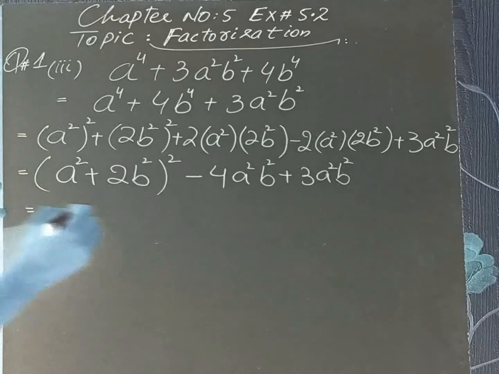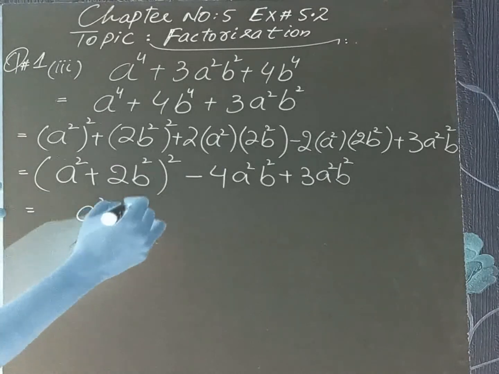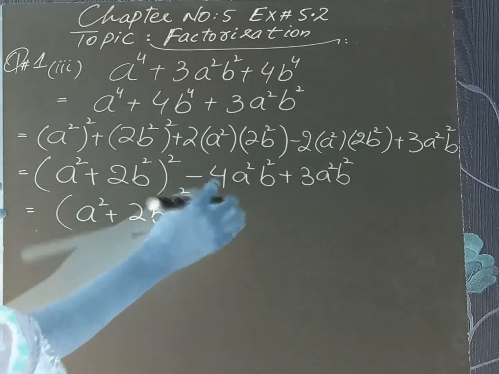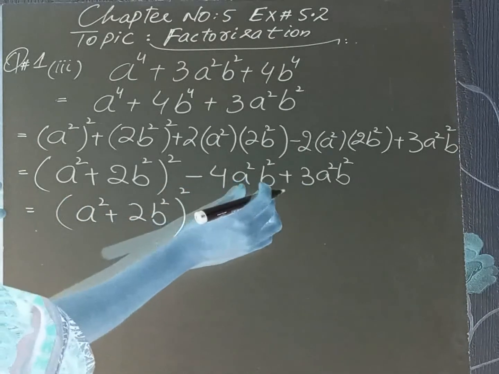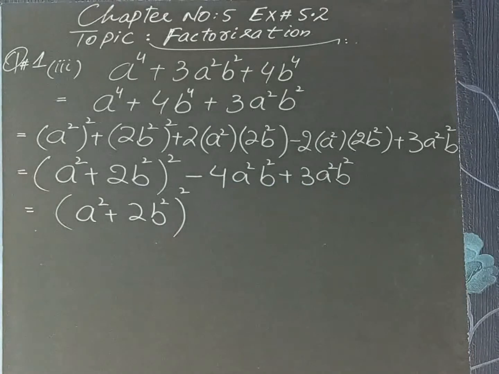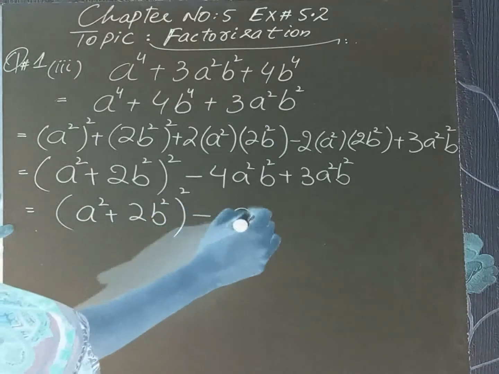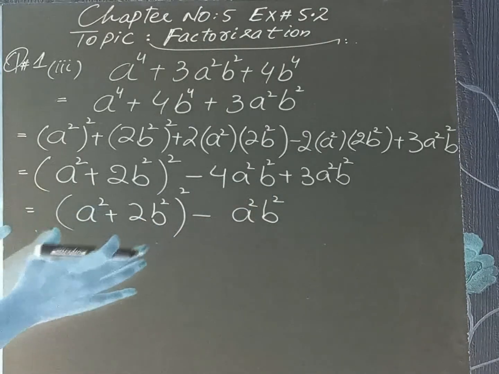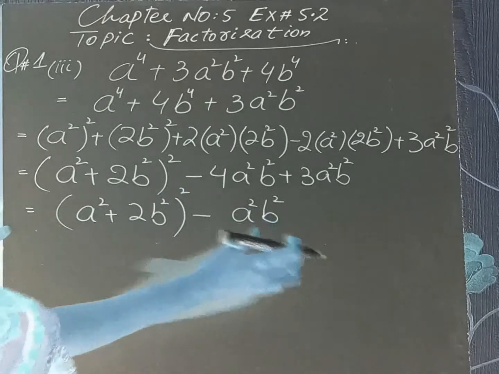In the next step, a square plus 2b square whole square. They both have the like terms, mean a square b square, a square b square. We can simplify them as minus plus minus. If we subtract 4a square b square minus 3a square, plus minus 4 plus 3, we will get minus a square b square. This is now the perfect square of itself and this is the perfect square of AB.